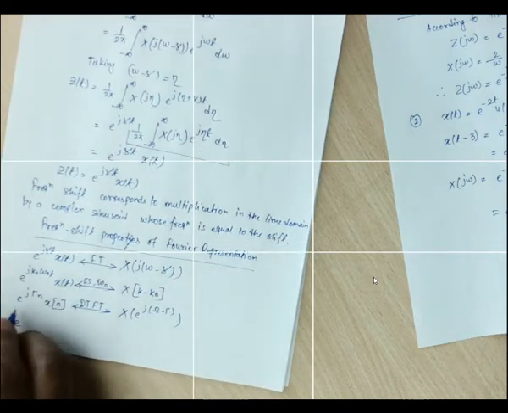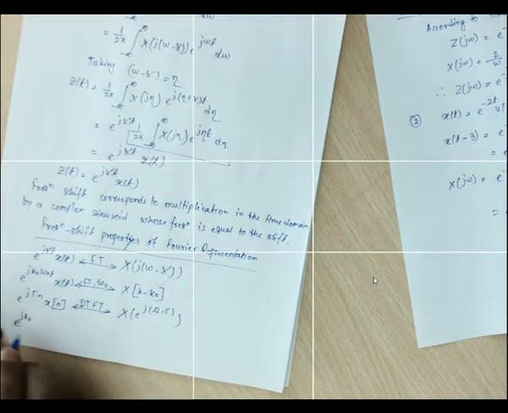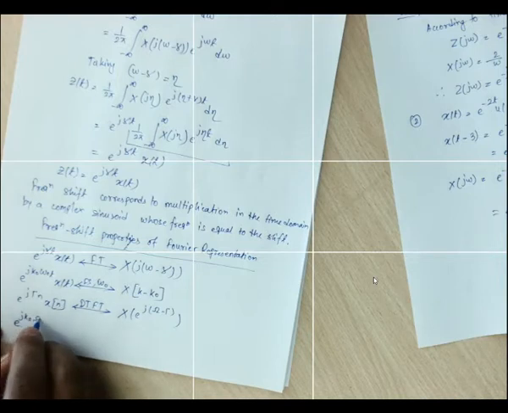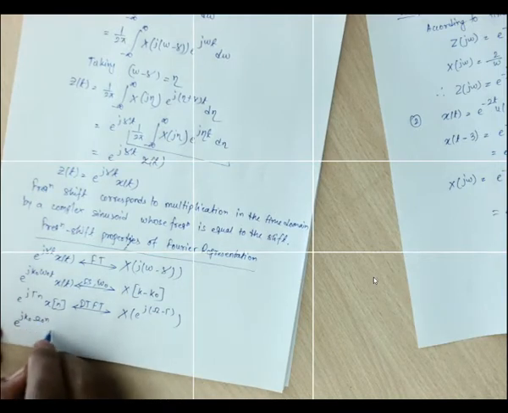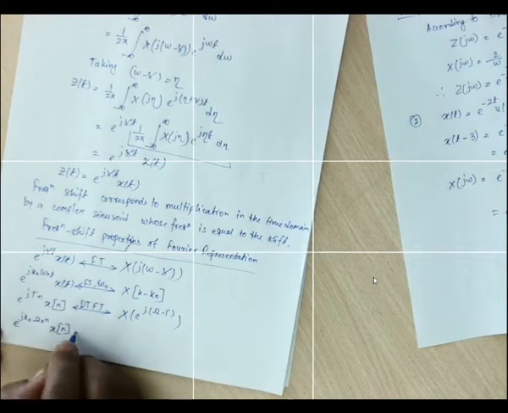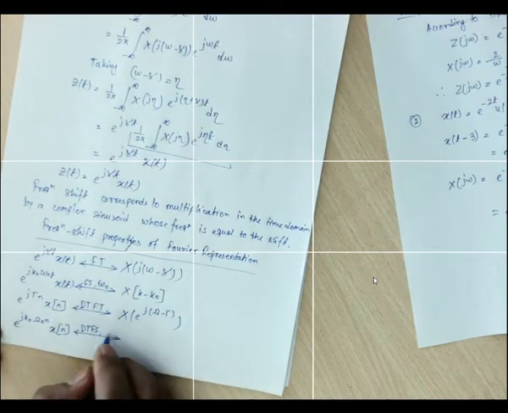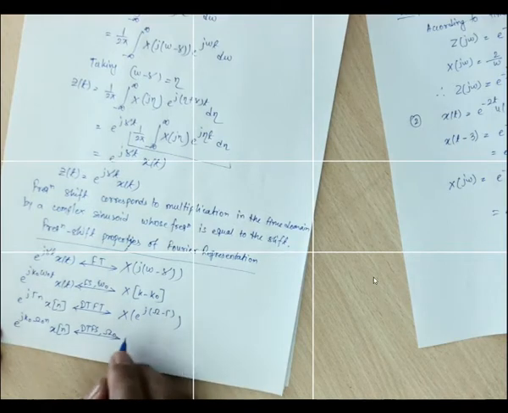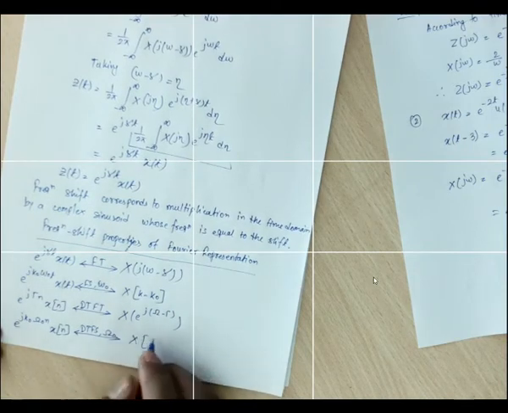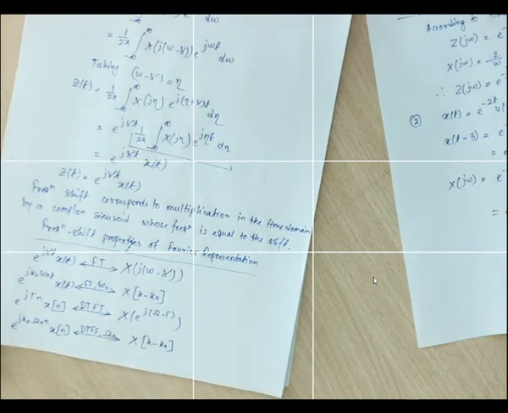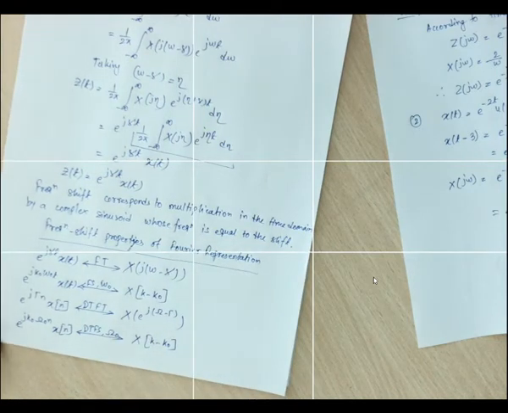And for DTFS, x of k minus k naught. Okay, so these are the Fourier representations for the frequency shift property.